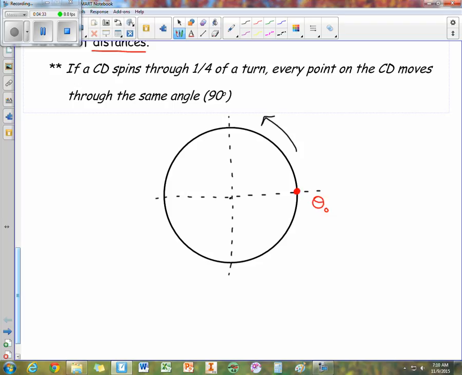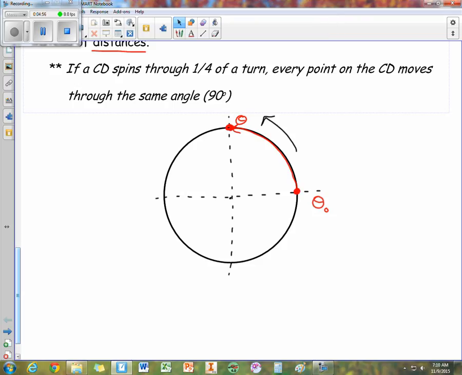So I'll use a theta and a theta naught. And then as this spins, if it spins through 1/4 of a rotation, this point will end up here. And that will be its theta. So we can see that we have its initial angular position and its final angular position.